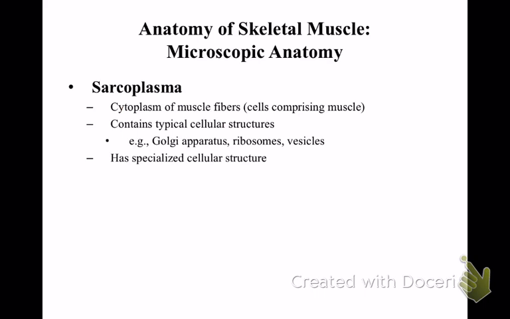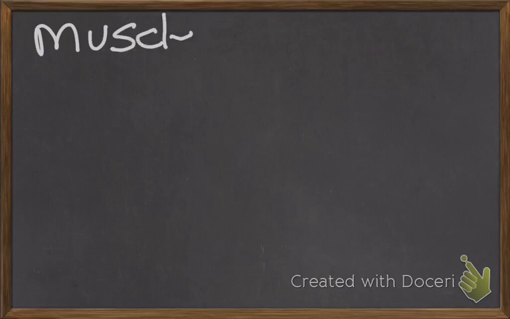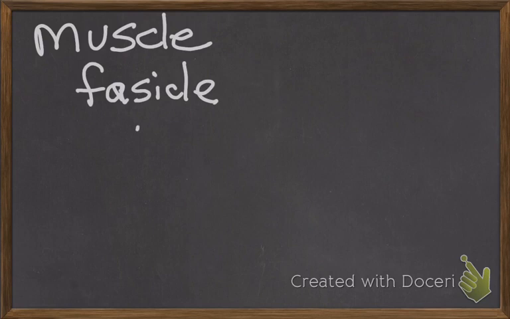Okay, so now we're going down to the microscopic level. And here it helps to have that organizational view. So let's go back to the idea that we had before of the fact that you had a muscle. What was the muscle divided into? Fascicles. And what made up the fascicles? Fibers. So now what we're going to do is go to the inside of a fiber and look at the microscopic anatomy.